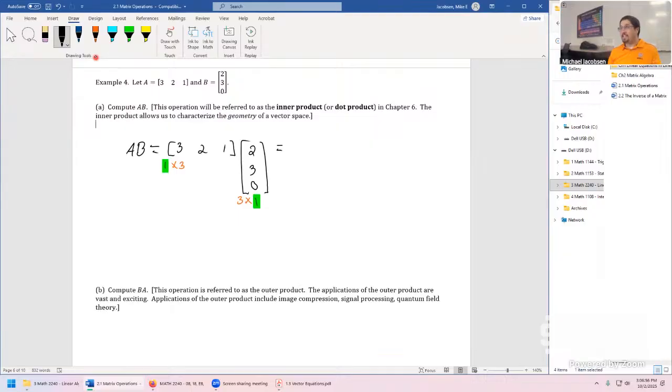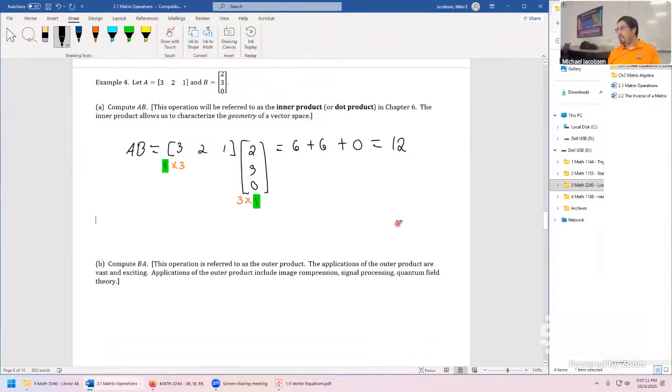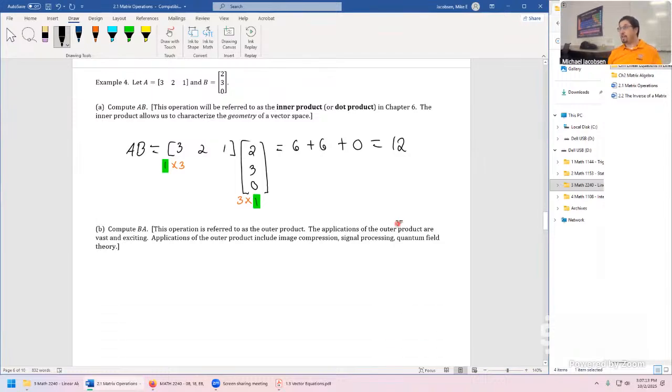So we drop the bracket in this case. We're just multiplying the corresponding entries together, adding them up. So this would be 6 plus 6 plus 0 for a result of 12 altogether. Well, that's our just first look of the inner product function. We'll have a lot to say about that in chapter 6.